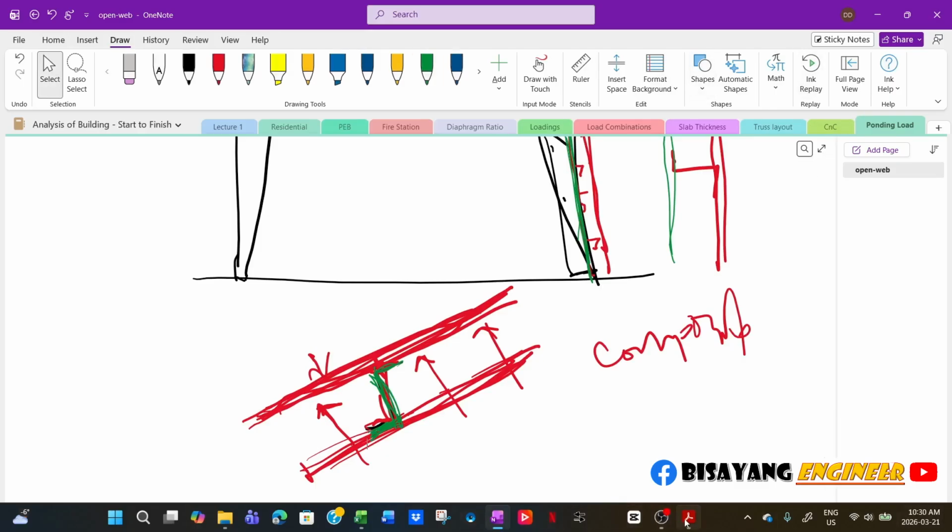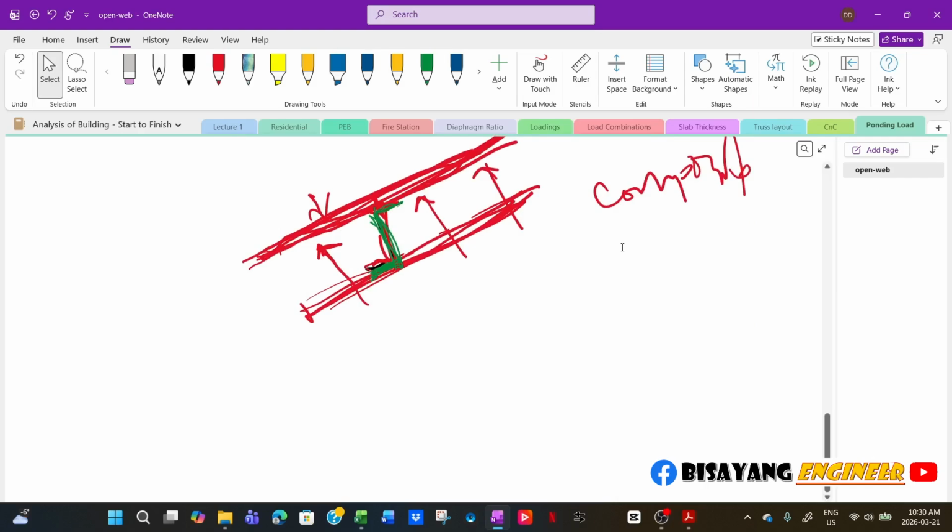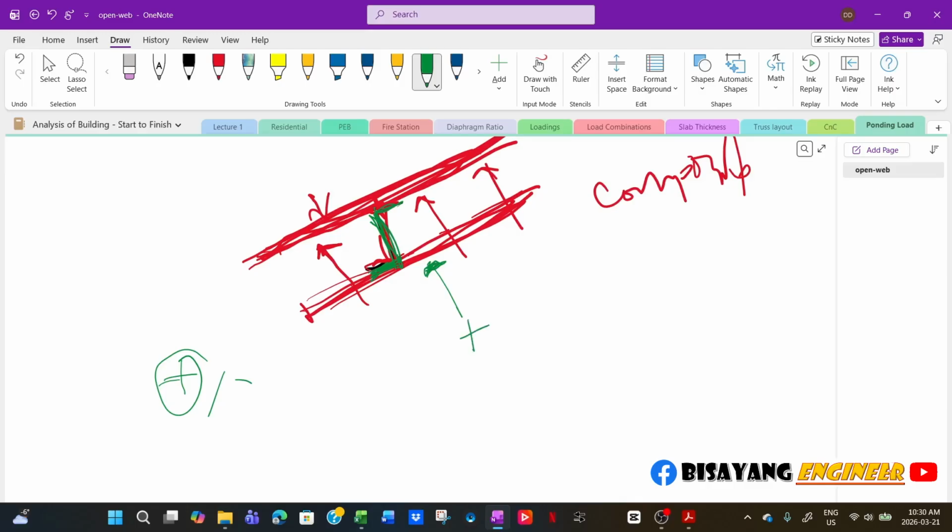Now, going back to this example, by the way, for the liner, you have positive and negative values, right? So the notation for wind loading, if it is positive, that means it is towards the surface. So this is positive. And negative is if it is away from the surface.